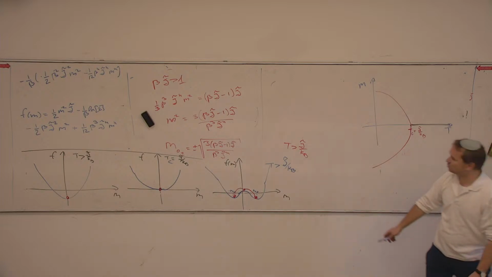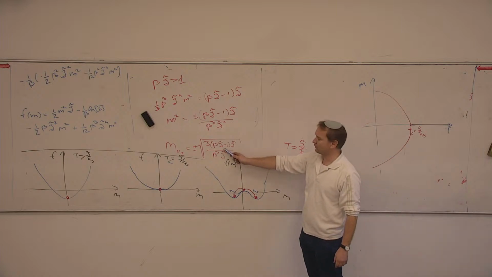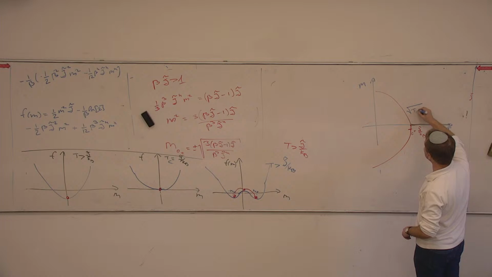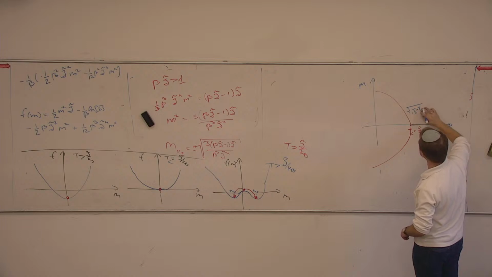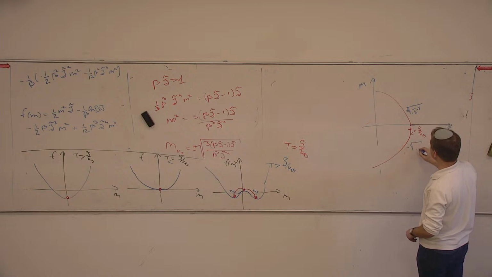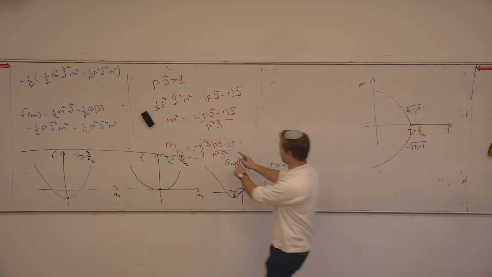Now, if you explore this equation, you will see that it goes as the square root of Tc minus T in the vicinity of Tc, and minus the square root of Tc minus T for the other branch. Where does it come from?